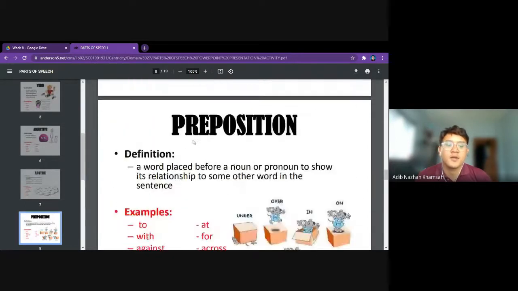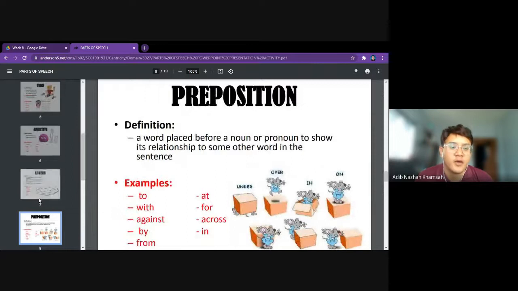Right? Next. Okay, now we have covered the sixth part of speech. Okay, preposition. Okay, preposition, this one is very, very easy. Okay, a preposition is a word that is placed before a noun or pronoun to show its relationship to some other words in the sentence.